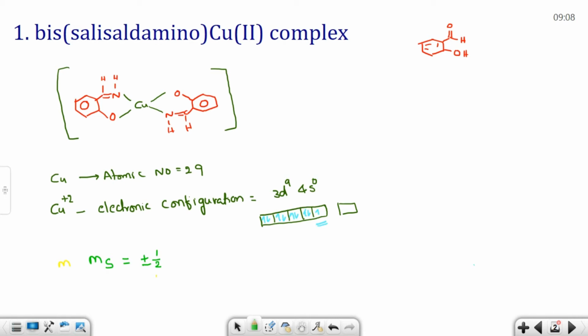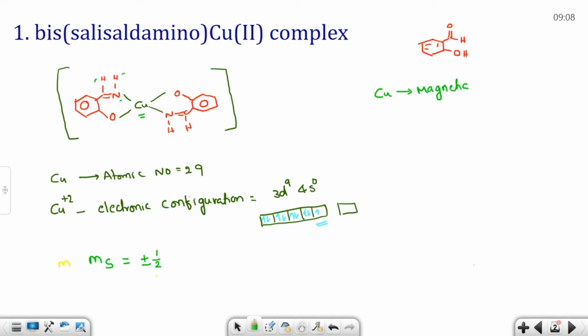Along with that, you can observe in this complex that hydrogens as well as nitrogen are present.